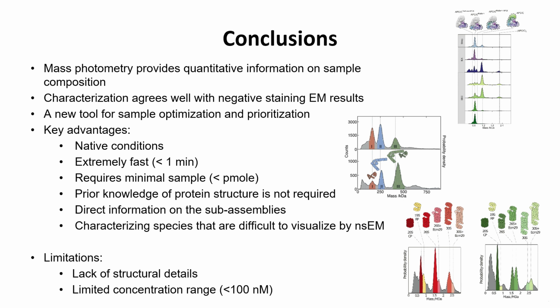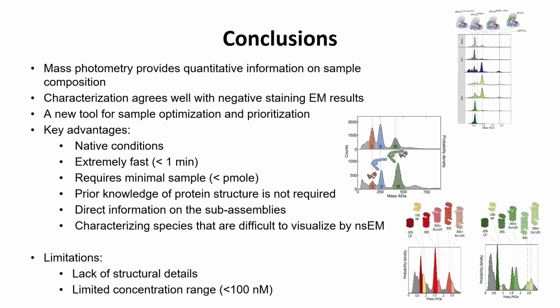And the key advantages are its native conditions, it's extremely fast, it requires minimal sample, you don't need any prior knowledge of your protein structure, you can get direct information on sub-assemblies, and you can characterize species that are difficult to visualize by negative staining EM.